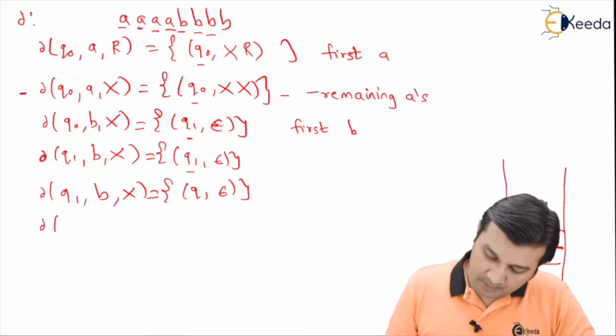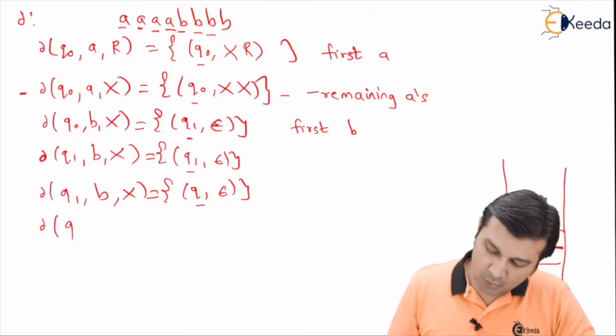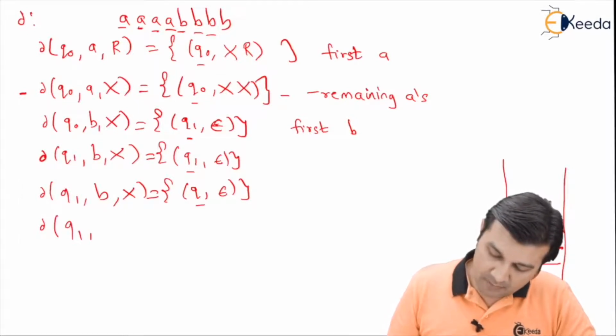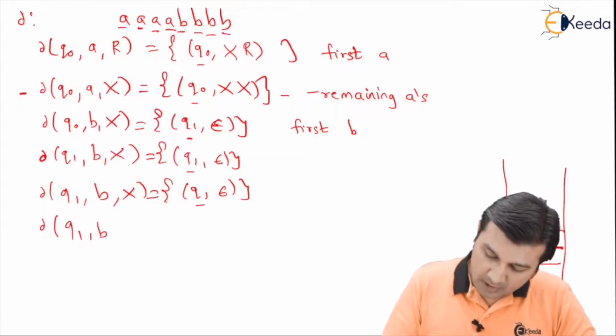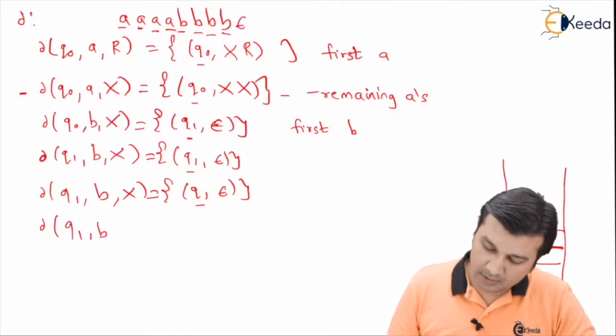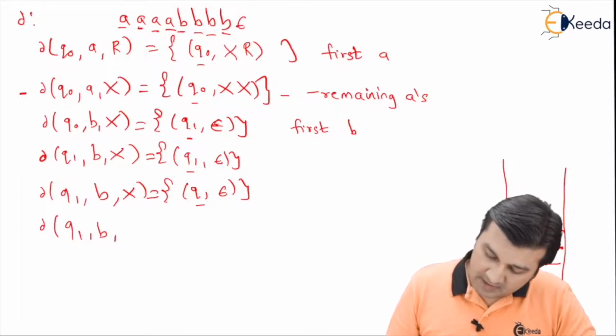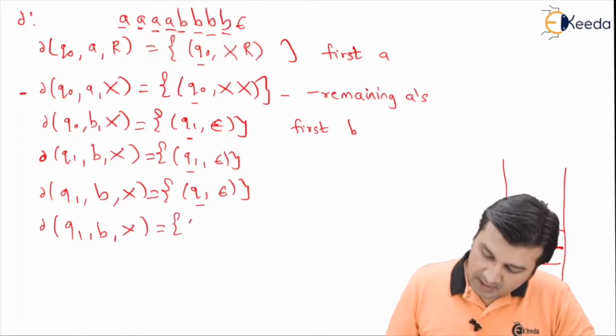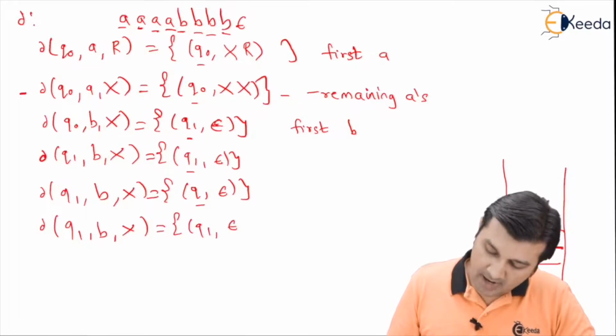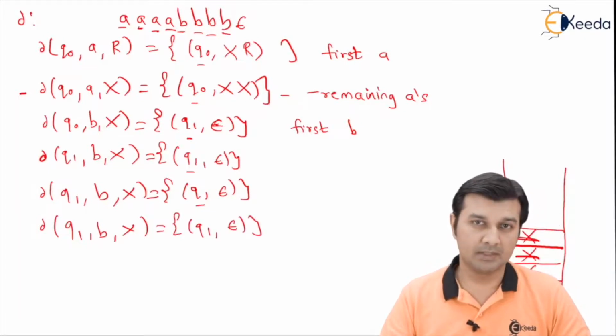Again going up, I am in current state q1. Input symbol is fourth b. After that we do not have anything, so let me write epsilon over here. The stack top is still x, and I see over here that I will still remain in q1 and keep on performing the pop operation.